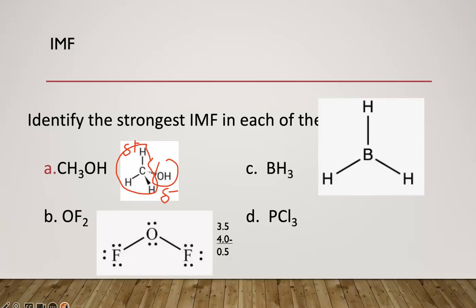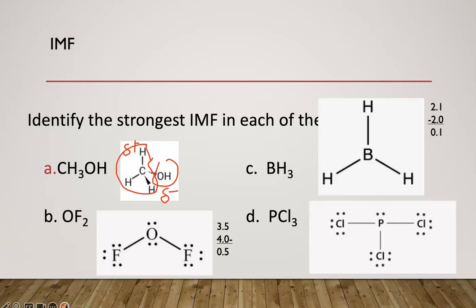Here's BH3. Of course, that is our octet exception. So I look at my electronegativity difference of 0.1. There's PCl3. And once again, I'm going to look at that shape. That is our trigonal pyramidal. I should have mentioned that this one, the BH3, is trigonal planar.